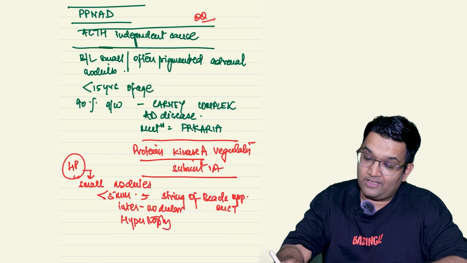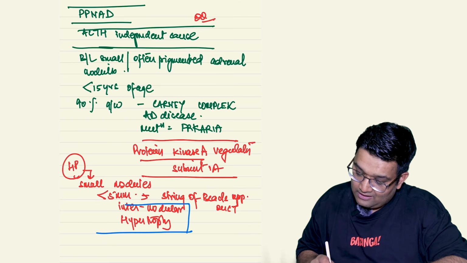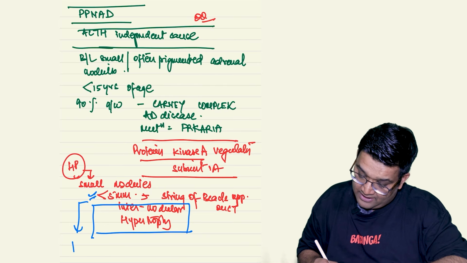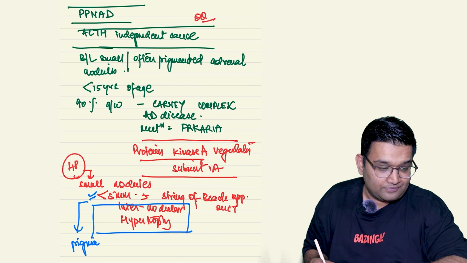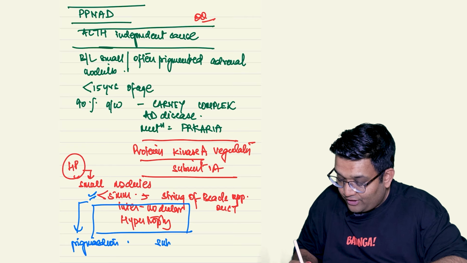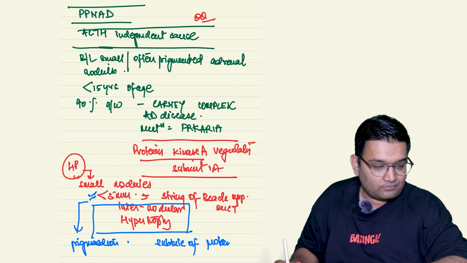This is very important. So this internodular hypertrophy with small less than 5 mm of nodules with pigmentation. Alright, and very subtle features are going to be there of protein catabolism.